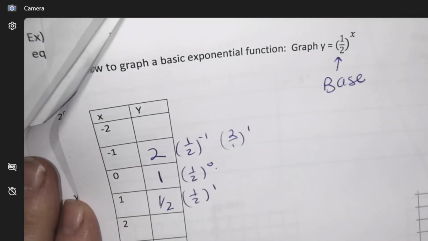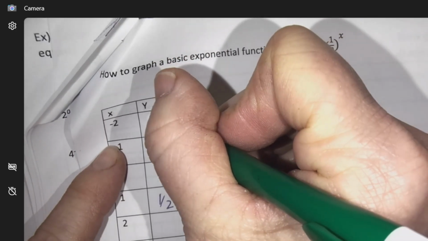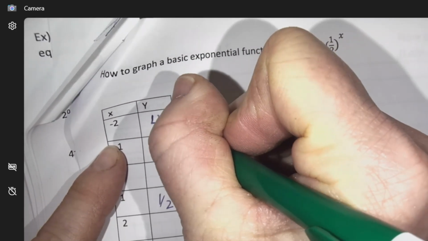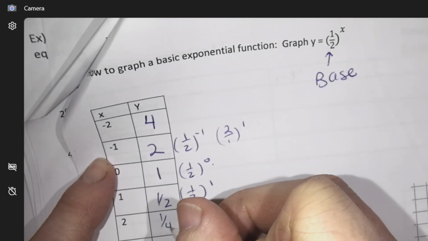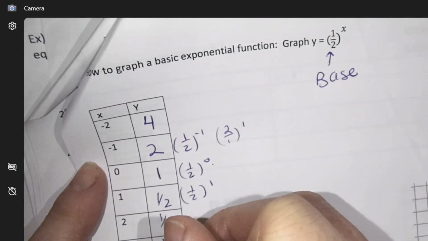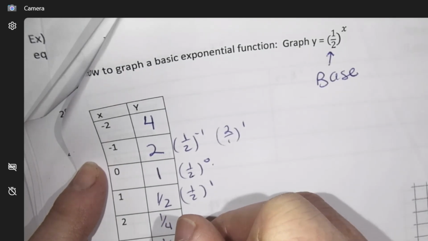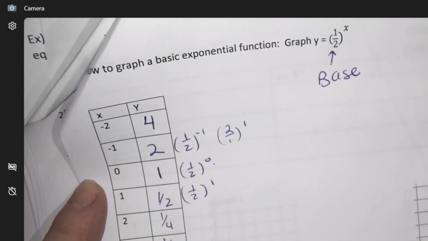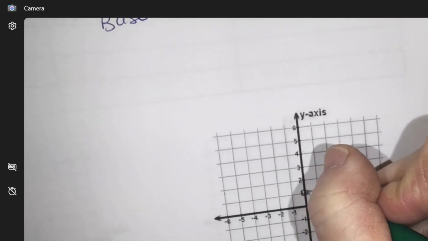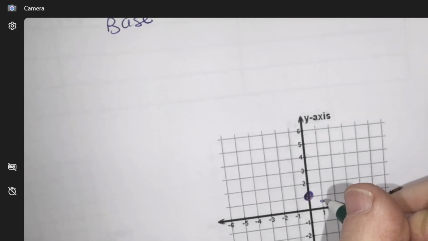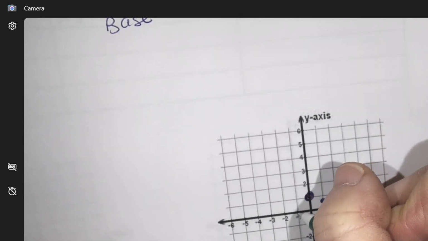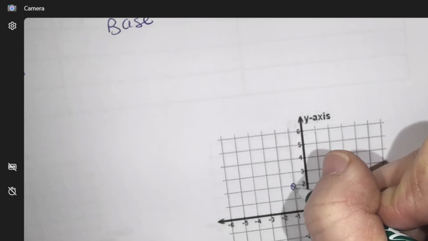So then this would technically be what? 4, 2 squared, 1 over 4, 1 over 8, right? 2 cubed is 8. Okay, so if we graph it, we have the coordinate 0, 1. 1 comma 1/2 and -1 comma 2.